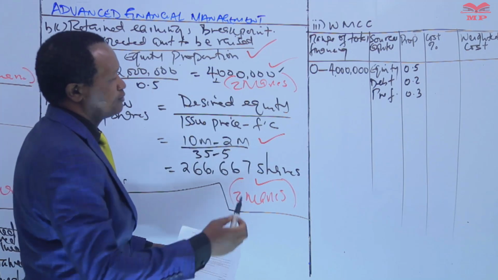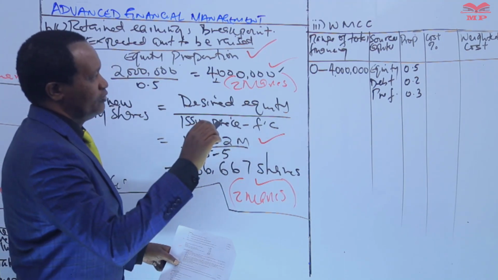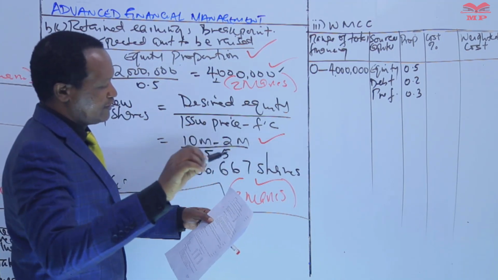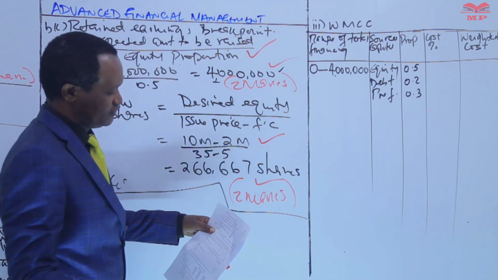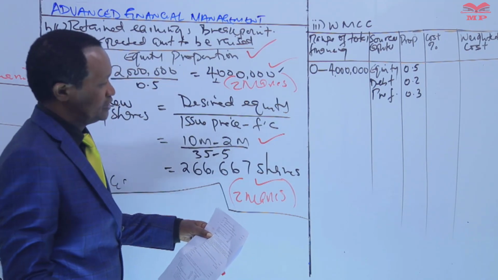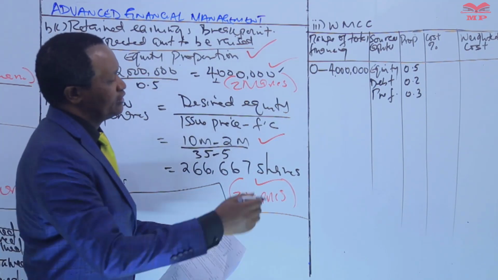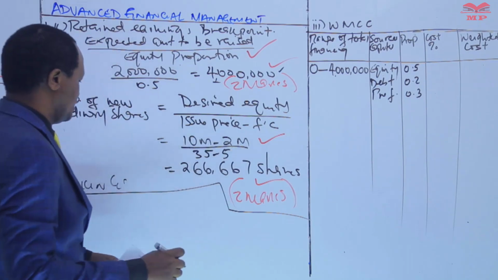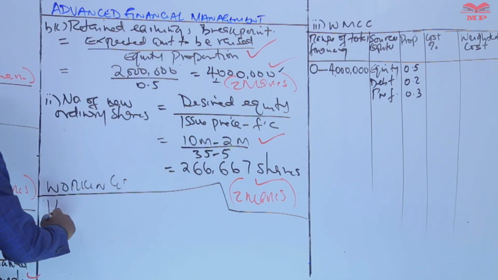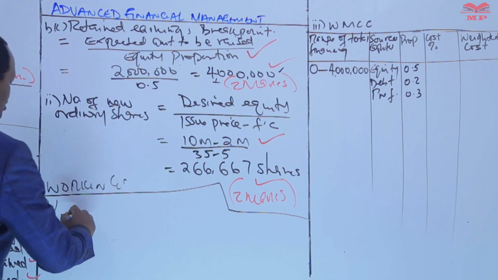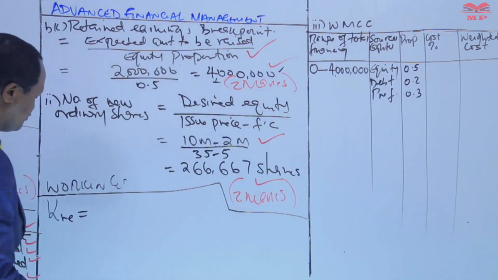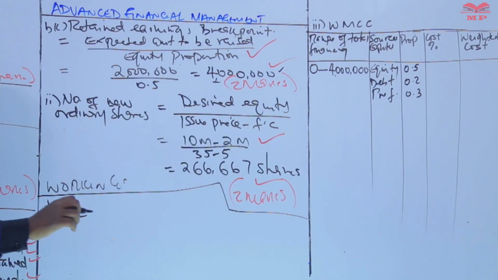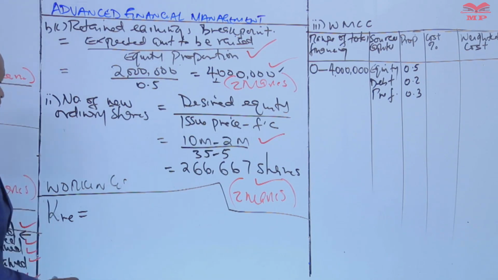In funding this project, we saw that the firm will first of all raise money internally from retained earnings. So during the first range, we need to calculate the cost of retained earnings. What is the formula for calculating cost of retained earnings?